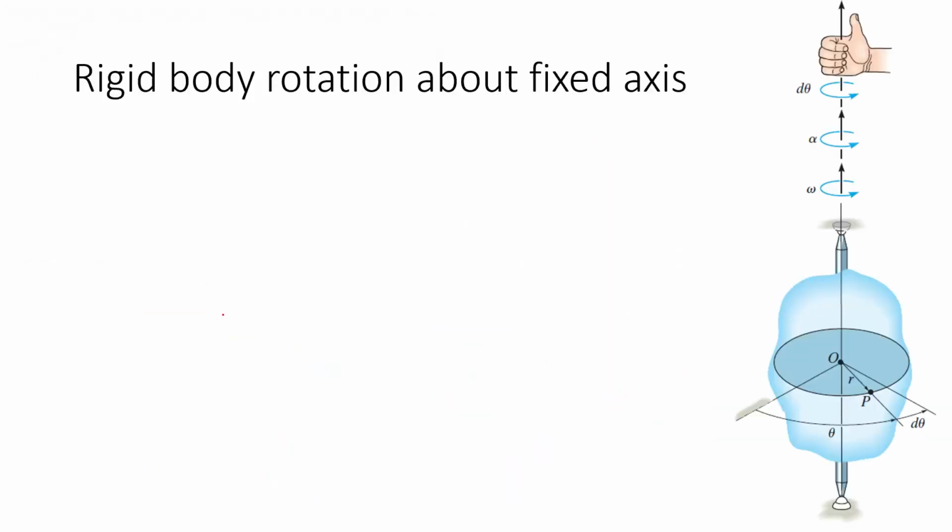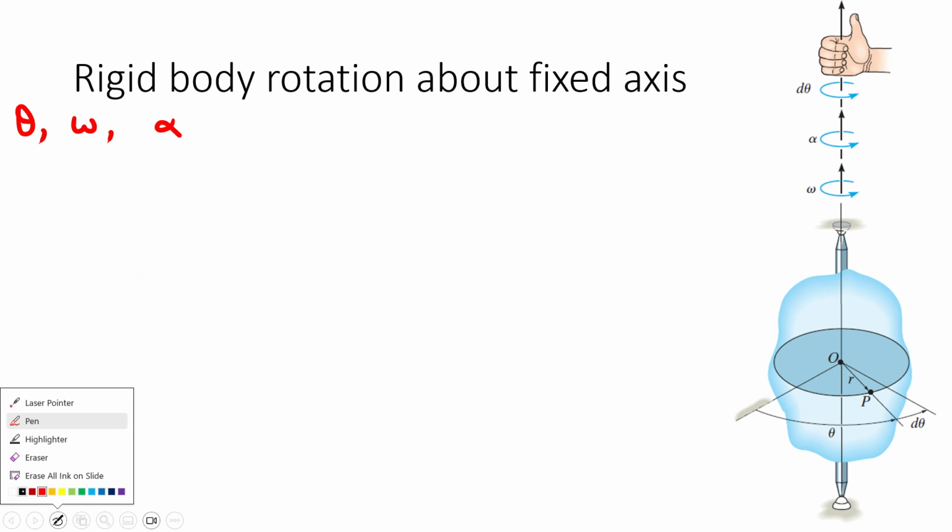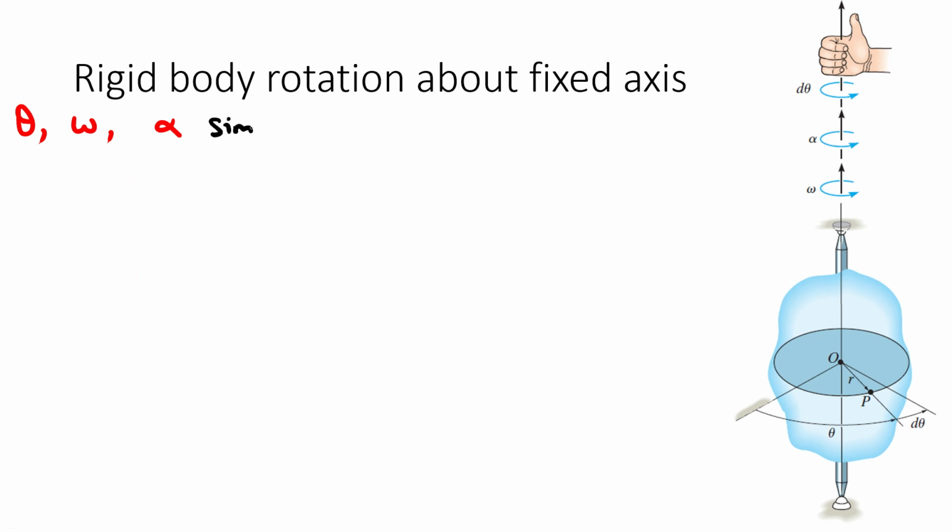And then for a rigid body rotation, we have the theta, we have the omega, and then we have the alpha. And this one is very similar to that we have S. Let me use another color.